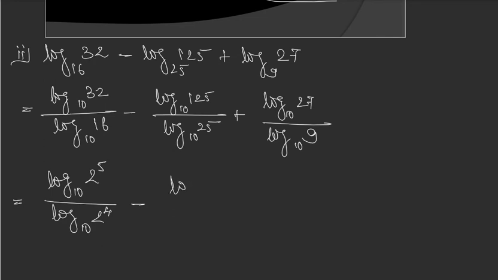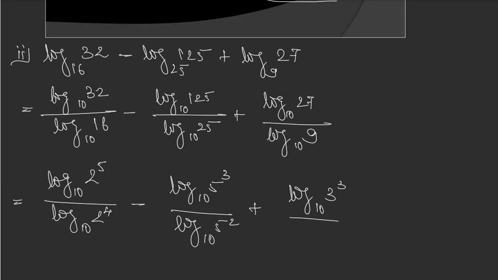This you can write as log of 5 cube to the base 10 upon log of 5 square to the base 10, plus log of 3 cube to the base 10 upon log of 3 square to the base 10.